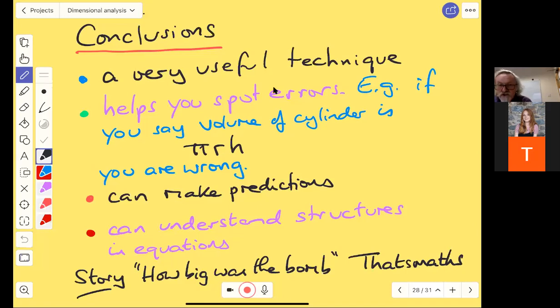There's no discussion. That is just definitely wrong, because that has dimensions of length squared, volumes have got dimensions of length cubed. I've tried to indicate how you can make predictions, and I've given you an exercise to look at to make a prediction. You can understand structures in equations much better this way, and we've proven a theorem.